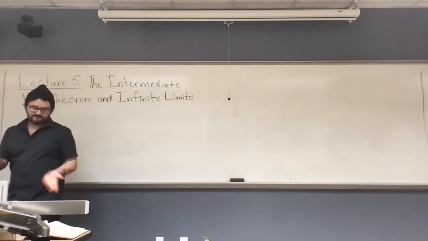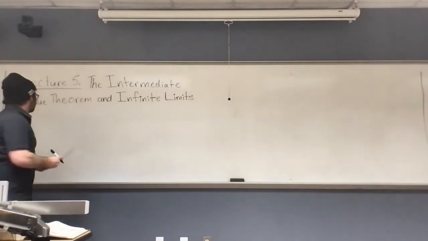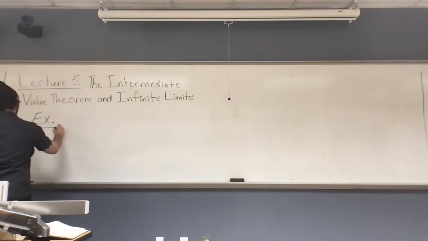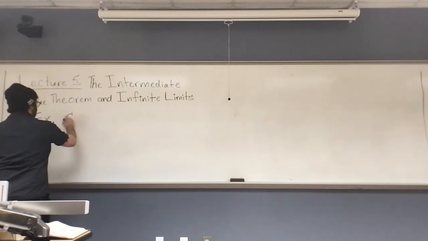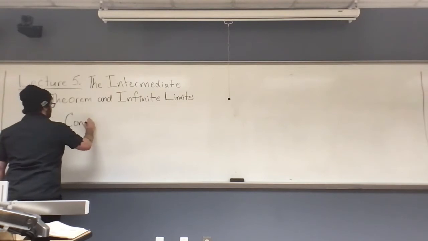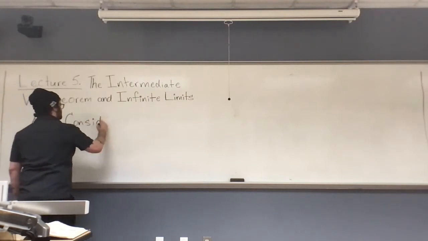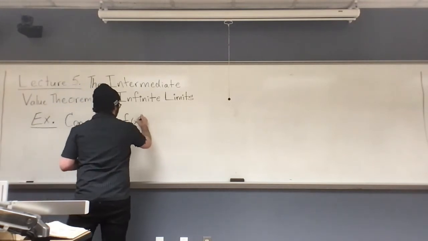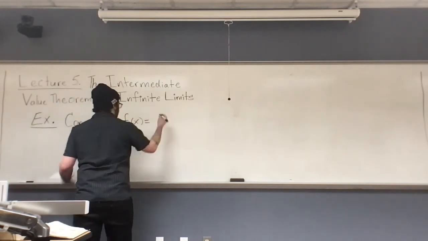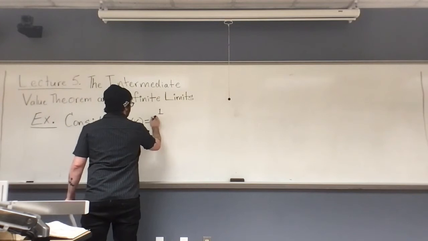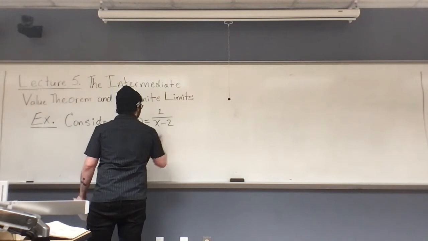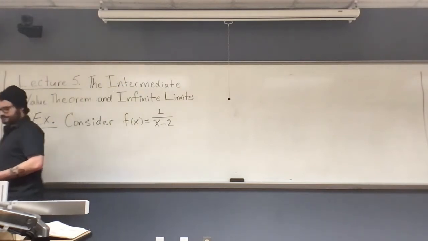In fact, let's start with an example, just to illustrate the point before we define anything formally. So consider the function f of x equals, I don't know, 1 over x minus 2.